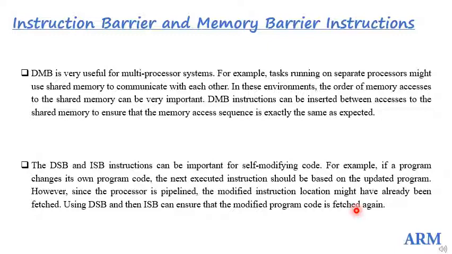So having these DSB and ISB instructions will ensure that the previous instruction code in the program code is updated, and then only it will go for the execution of the next instruction.